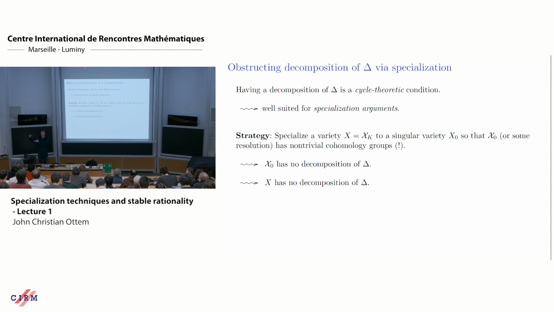Right? Because if you have a generic fiber and some equality happens in the Chow group, you can just specialize that to the special fiber, and then you have a decomposition of the diagonal.